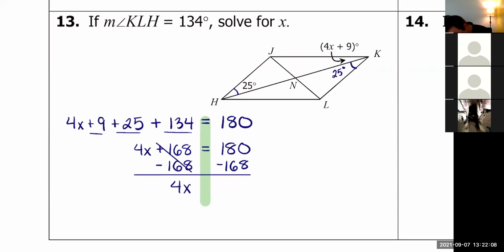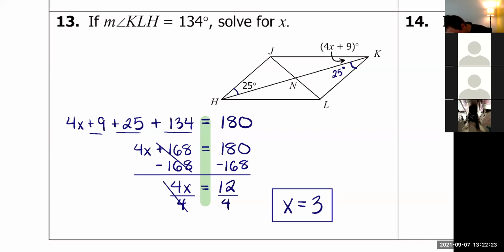I get 4x equals 12, I believe. Divide both sides by 4. X equals 3. Which was what I was looking for.